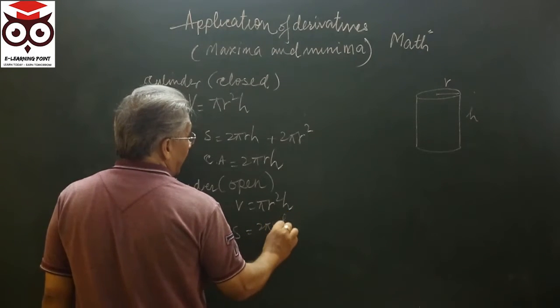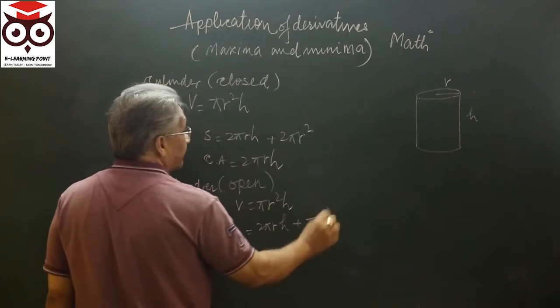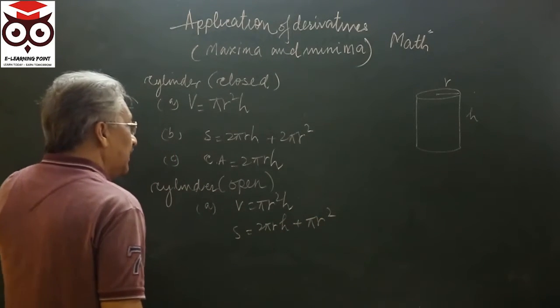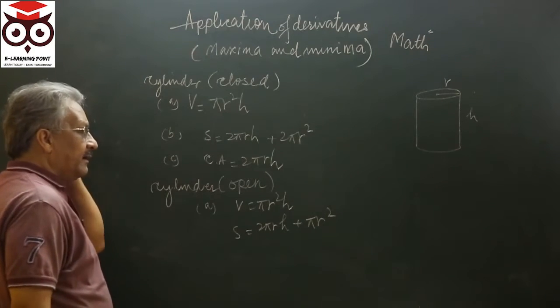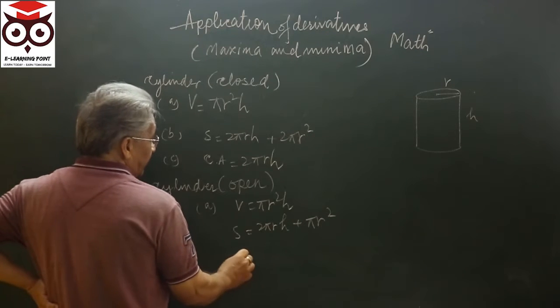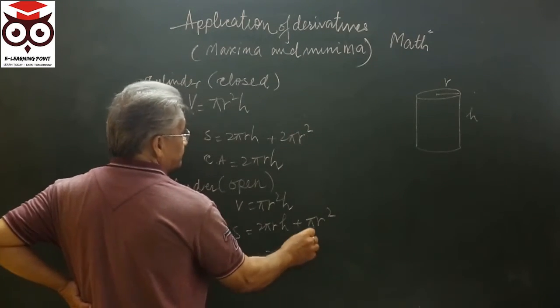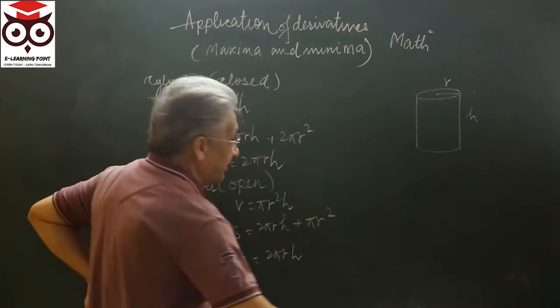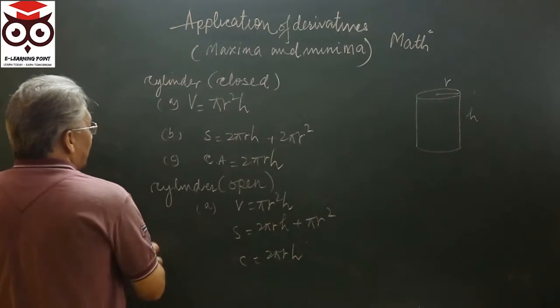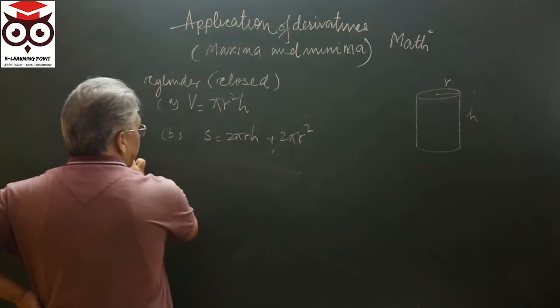Pi r h. This is only pi r square. So what will be the curved area? This will remain the same. So these are the very important formulas related to the cylinder.